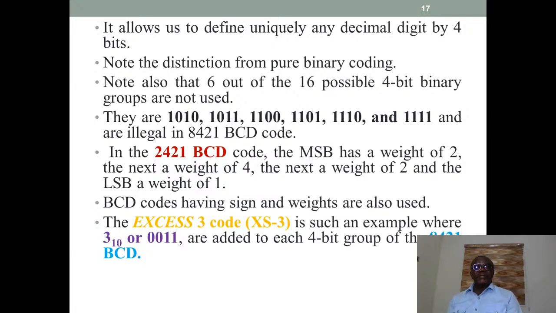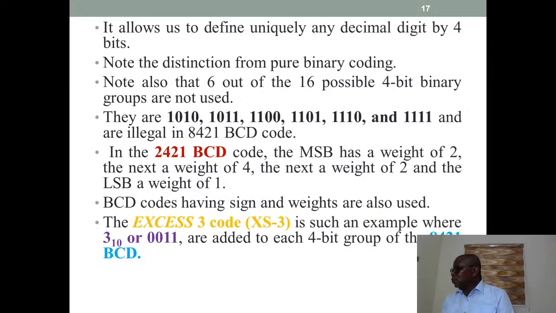Note also that 6 of the 16 possible 4-bit binary groups are not used in BCD codes. These are 1010, 1011, 1100, 1101, 1110, and 1111. We say that they are illegal in the 8421 BCD code.